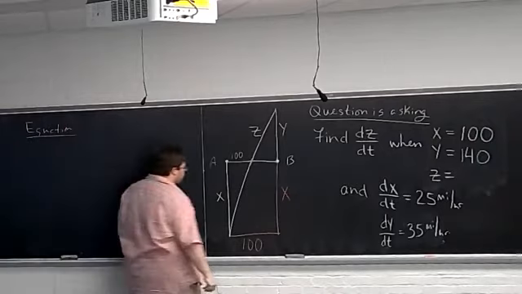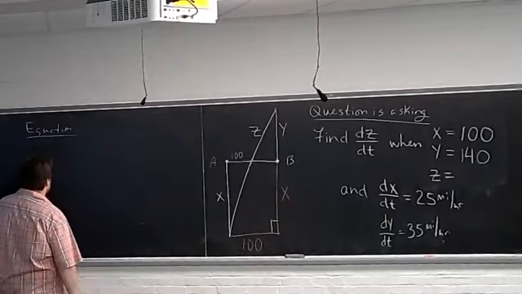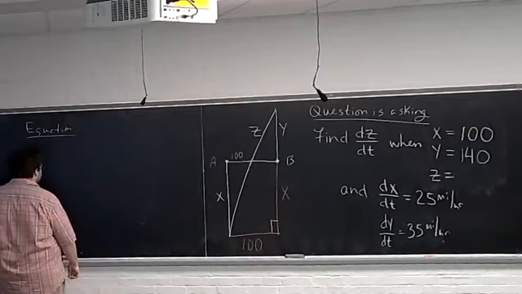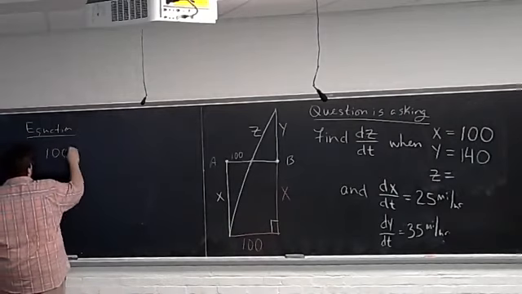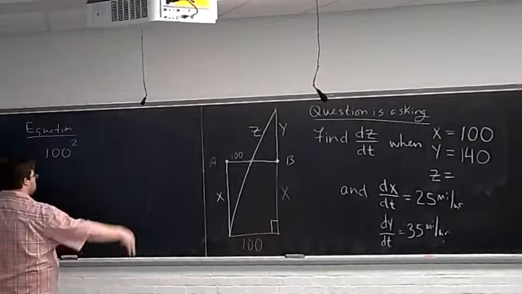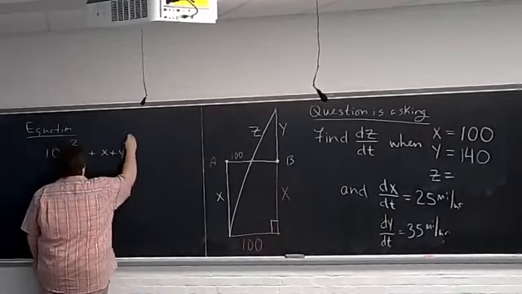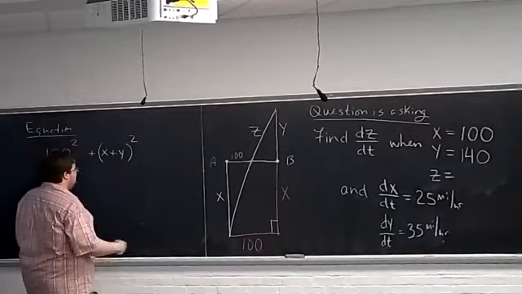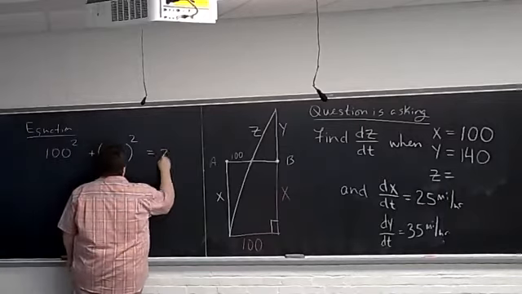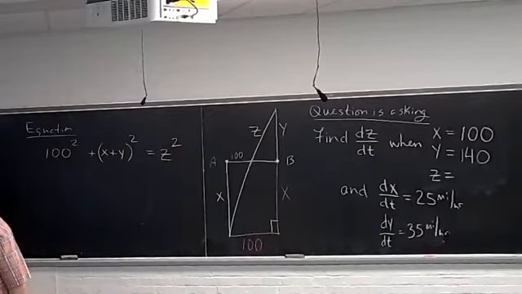Well, we'll use the Pythagorean theorem on this triangle here. Bottom squared is 100 squared, 10,000, I'll leave it as 100 squared, plus the other side, the tall side is x and y, so (x plus y) squared, equals hypotenuse squared. So z squared. Any questions about finding that equation?